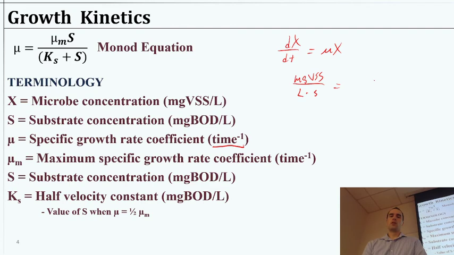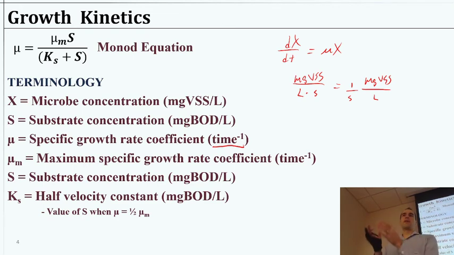So then X is milligrams VSS per liter. Mu then has to be 1 over seconds, right? Just like we've done in the past, this is first order, this is a growth equation. So that's our K, essentially.